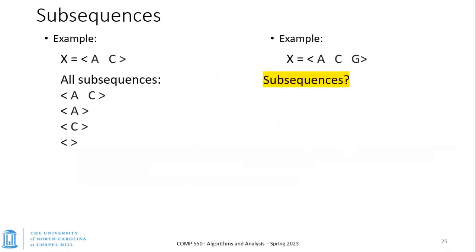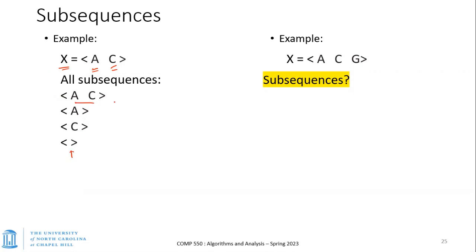So first of all, let's think about subsequences. What is a subsequence? A subsequence of X would be all the subsequences shown as follows. In a subsequence, A could be present or not present, C could be present or not present, and in fact, both of them could be not present, or both of them could be present.